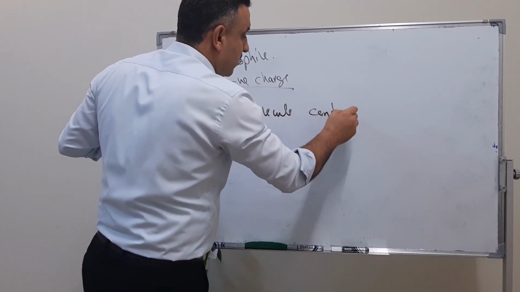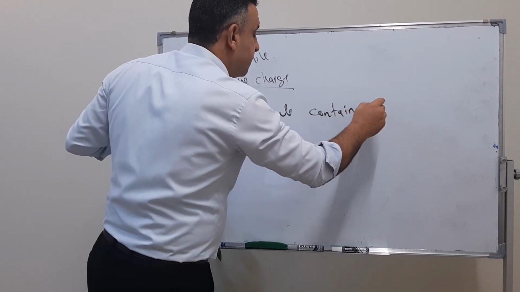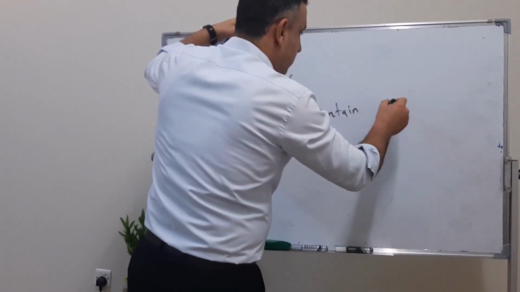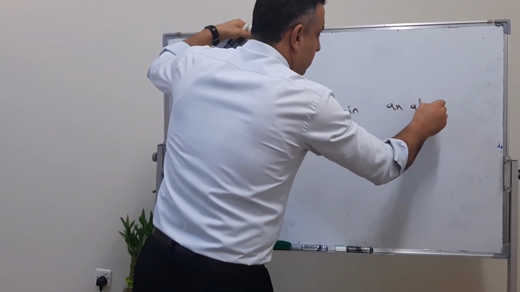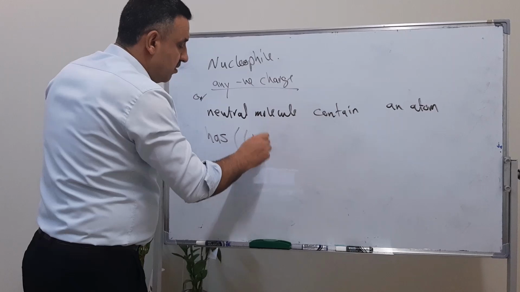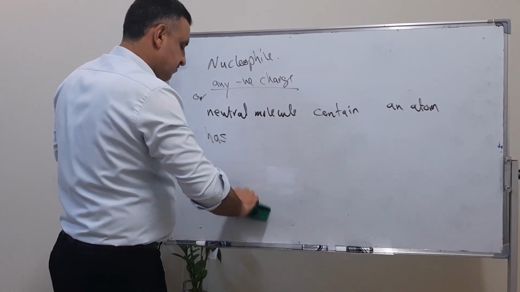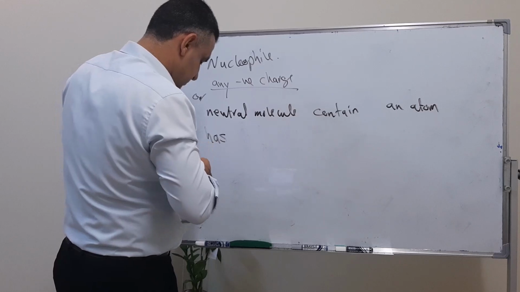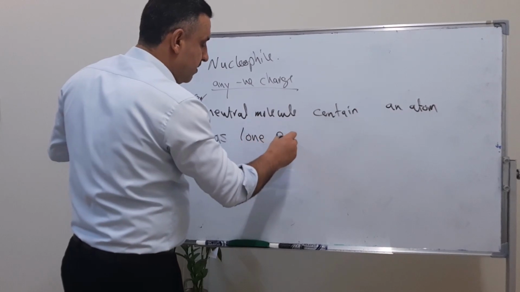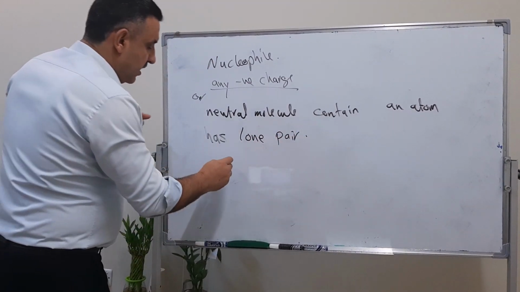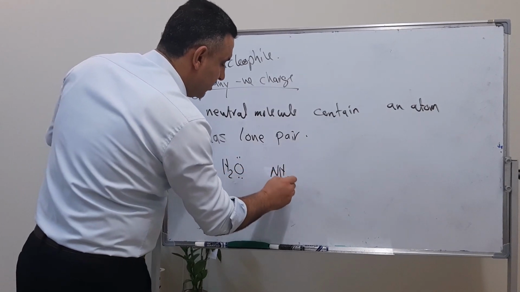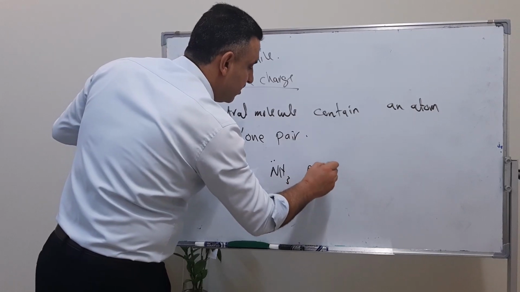It must contain an atom that has a lone pair or lone pairs. For example, H2O is a nucleophile, NH3 is a nucleophile, alcohol is a nucleophile.